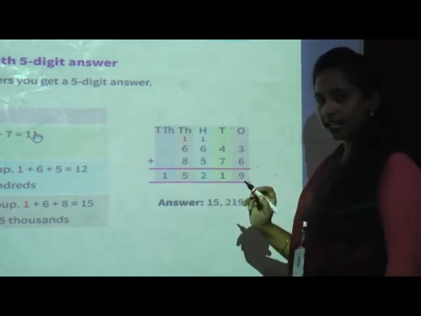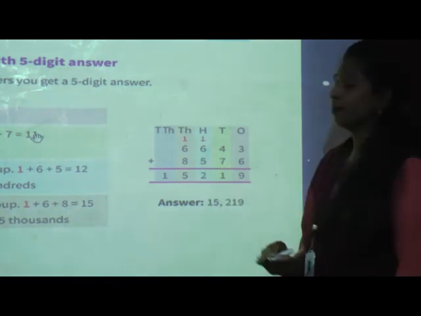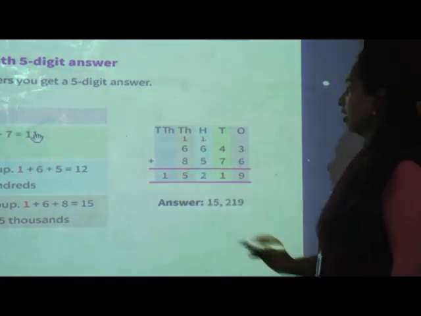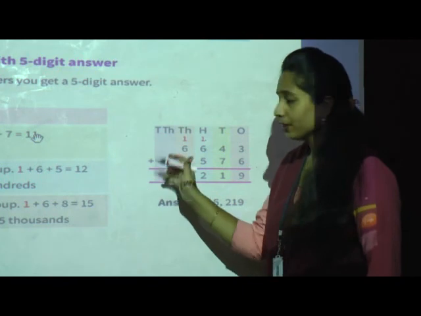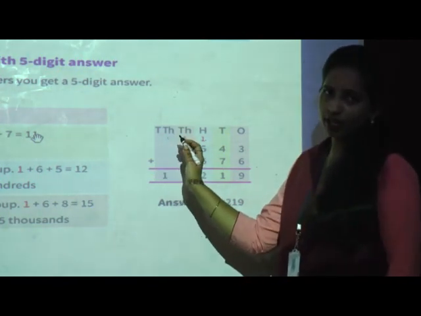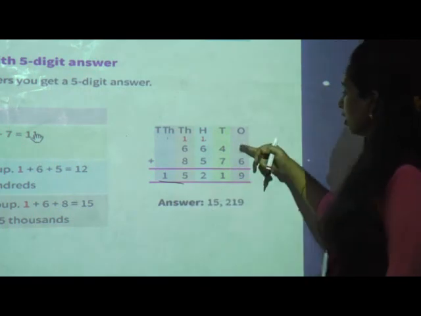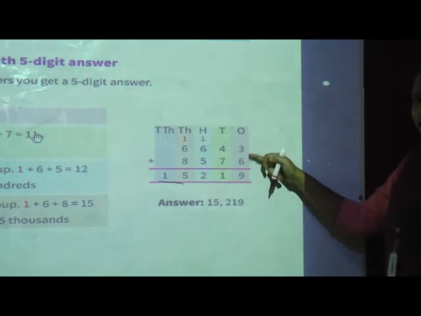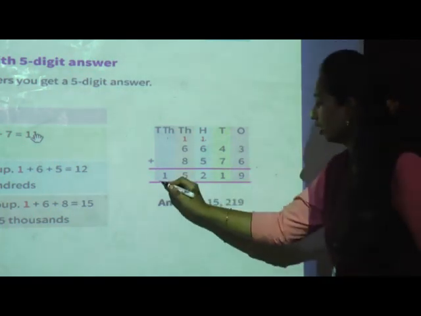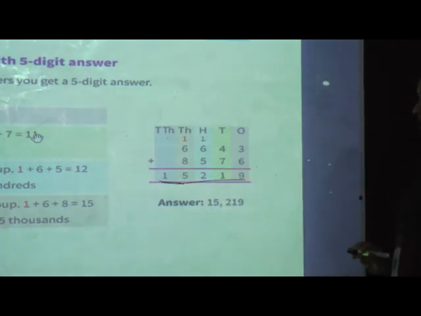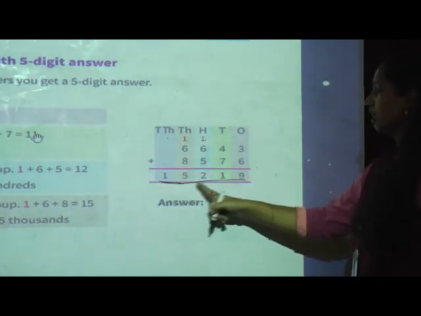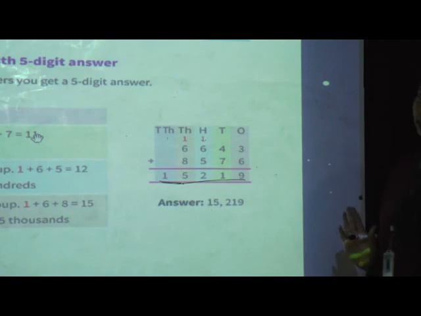Now 1 plus 6, 7. 7 plus 8, 15. Now there is no number to give carry. Okay. So we will write 15. So see, we have added 2 4-digit numbers and we got the answer 5-digit number, that is 15,219. Okay, simple, very simple.